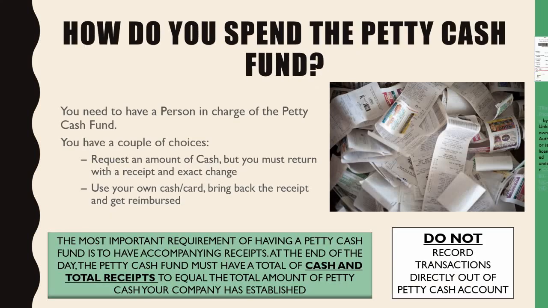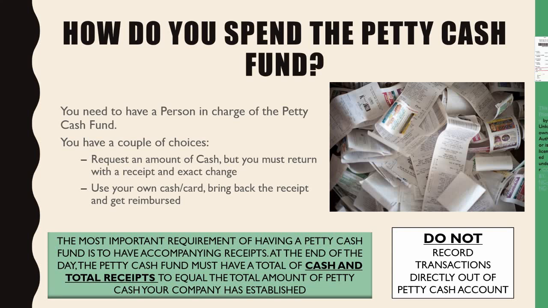Now, as we go through the month, when you start your business and run the operation, how do you spend the money that's in the petty cash fund? Straightforward, right? It's only for minor business expenses.